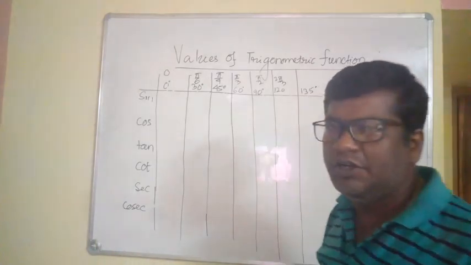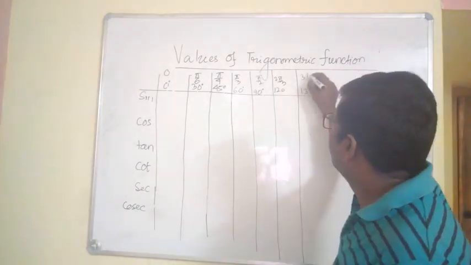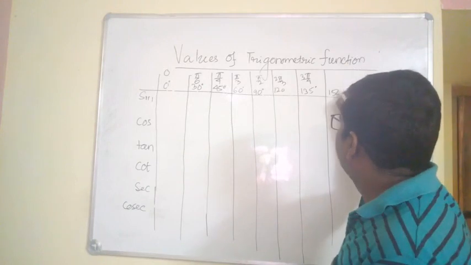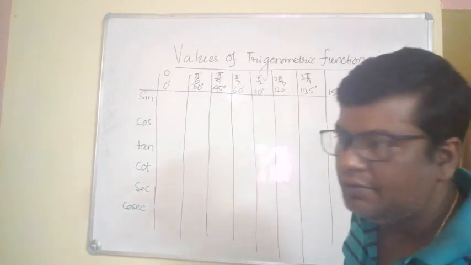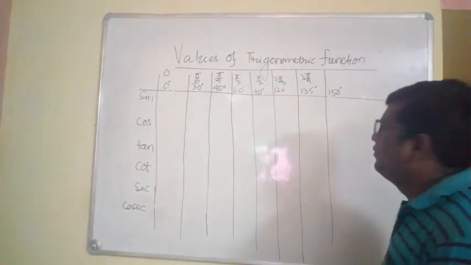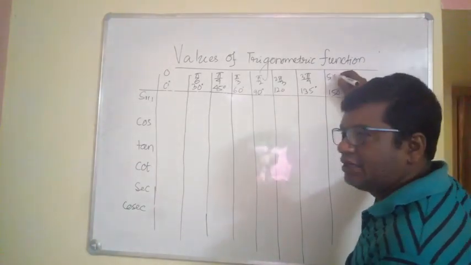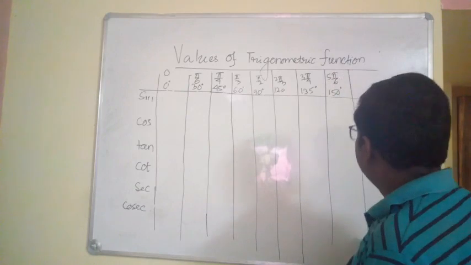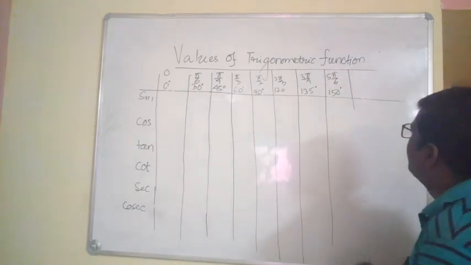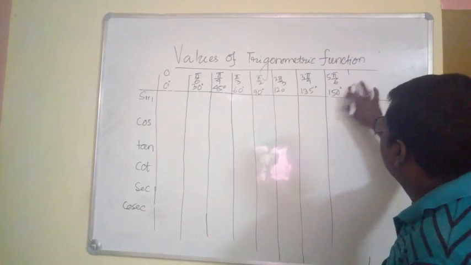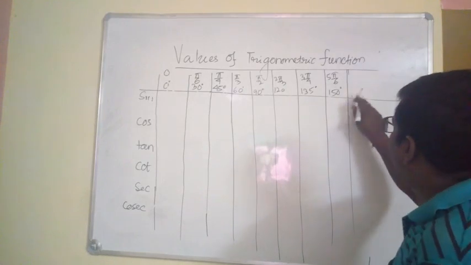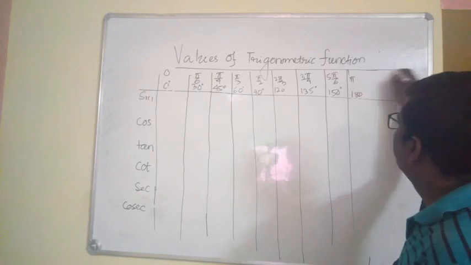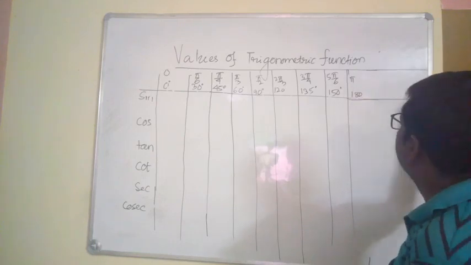135, 45 into 3, 3 pi by 4 radian, and 150 degree. This is 30 into 5, that means 5 pi by 6 radian, then 180 degree or pi radian, right?